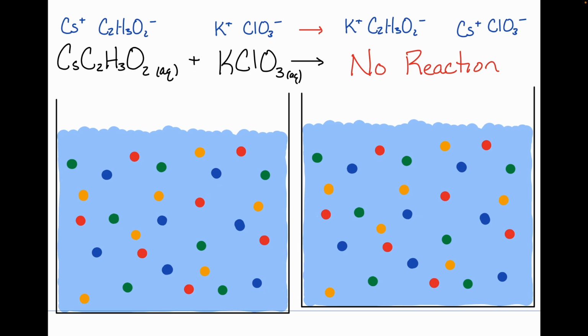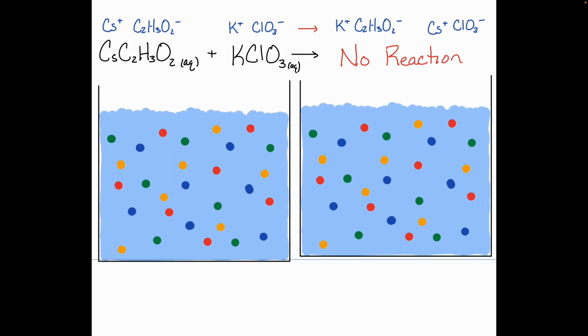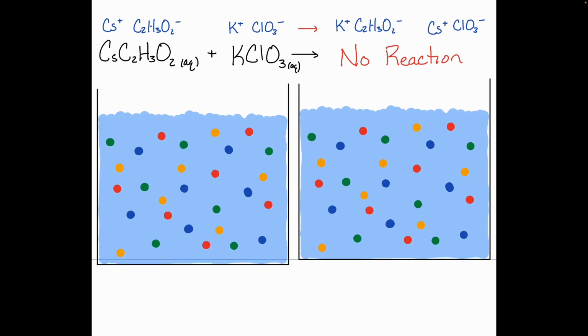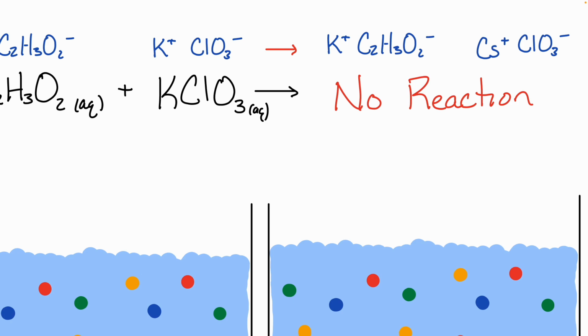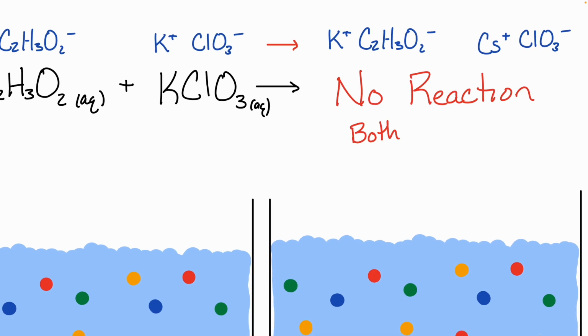And our chemical equations are specifically there to show chemical reactions, right? So in this case here, we would simply stop and say, nope, there is no reaction that occurs. All right, and again, to be clear, no reaction means that both products are aqueous.